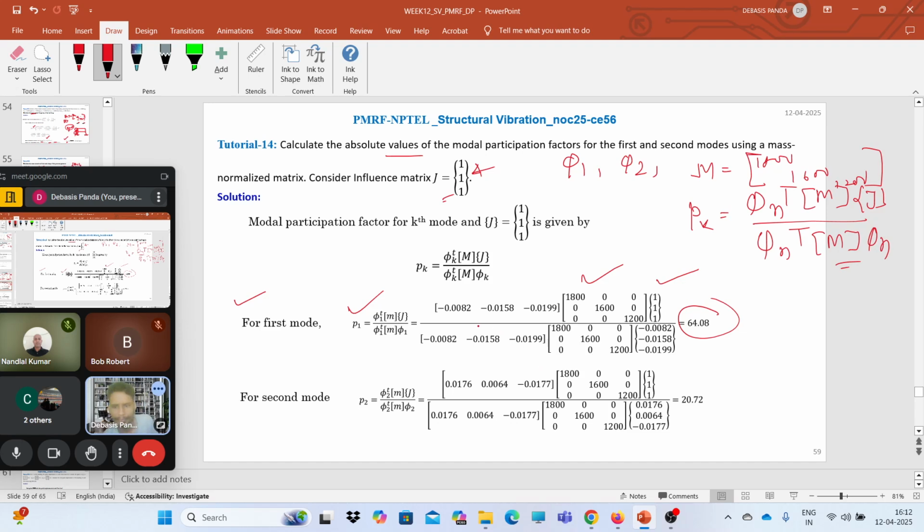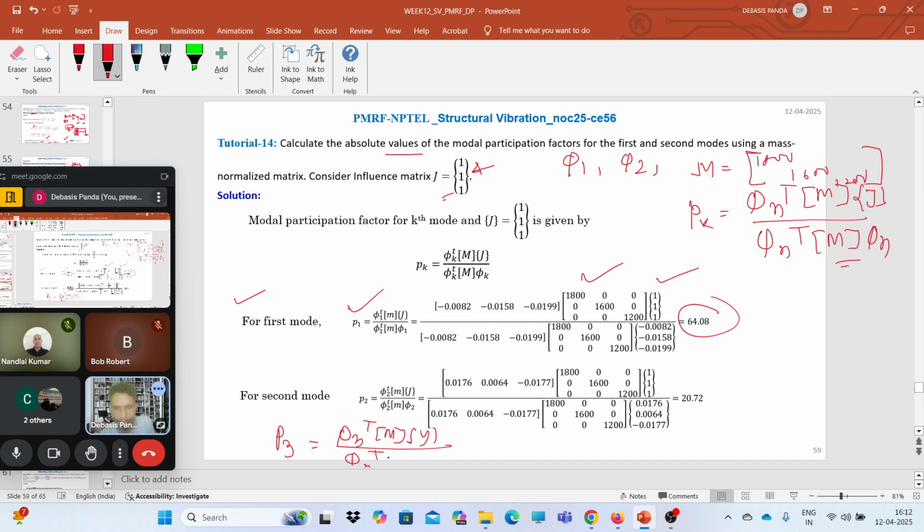Okay. So for the second mode also, now for the third mode, if they ask for the third mode, you can do it for the third mode also. So P3 will be nothing but phi 3 transpose m j divided by phi 3 transpose m phi 3. Okay. So by this way, you can calculate the values of the participation factor.